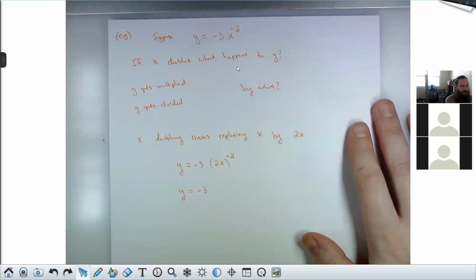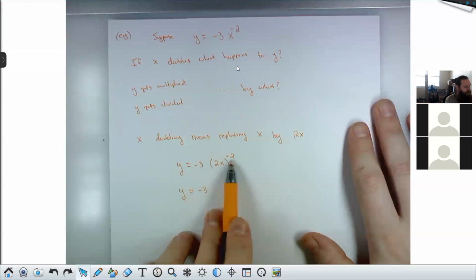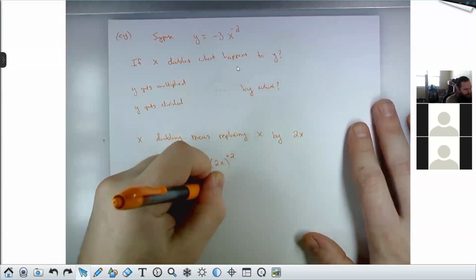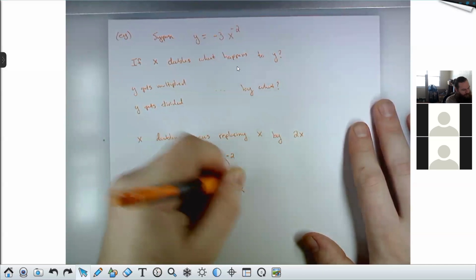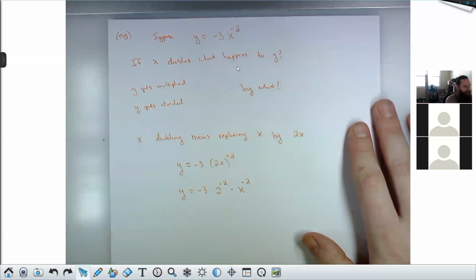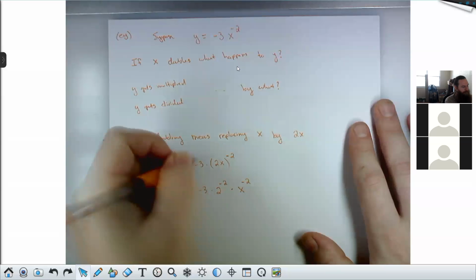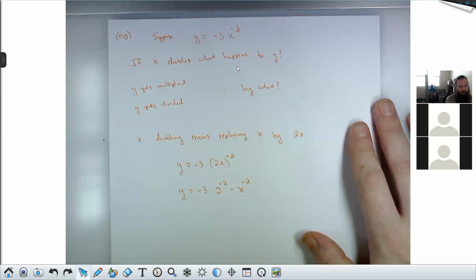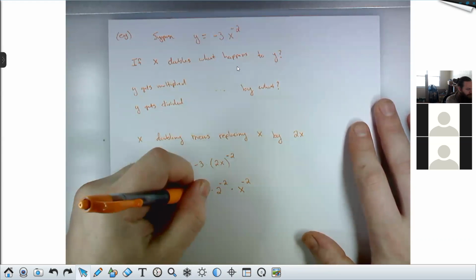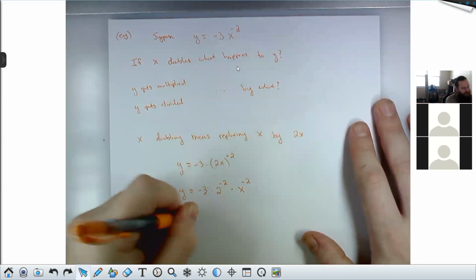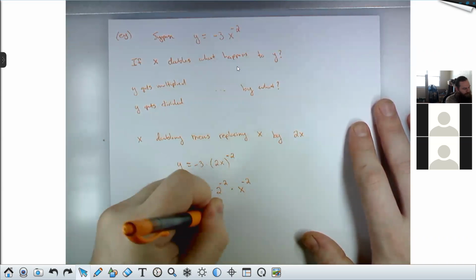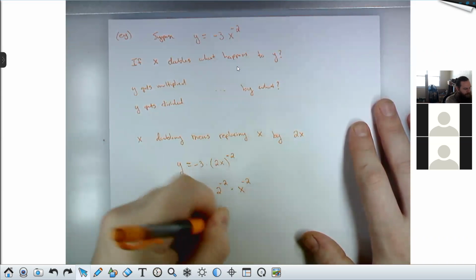Now we need to use those rules for exponents that we had at the start, right? A times b to the n is the same as a to the n times b to the n. And of course, it's all being multiplied. Now there's nothing I can do with the 3, but 2 to the -2, I can work with that. 2 to the -2, that's 1 over 2 squared.